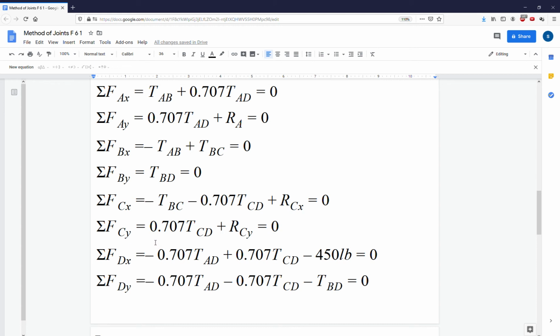And on the D joint in the X direction, there is negative 0.707 TAD plus 0.707 TCD, plus joint D has that 450-pound load in the negative X direction, so that adds a negative 450 pounds. And in the Y direction, there is negative 0.707 TAD minus 0.707 TCD minus TBD.